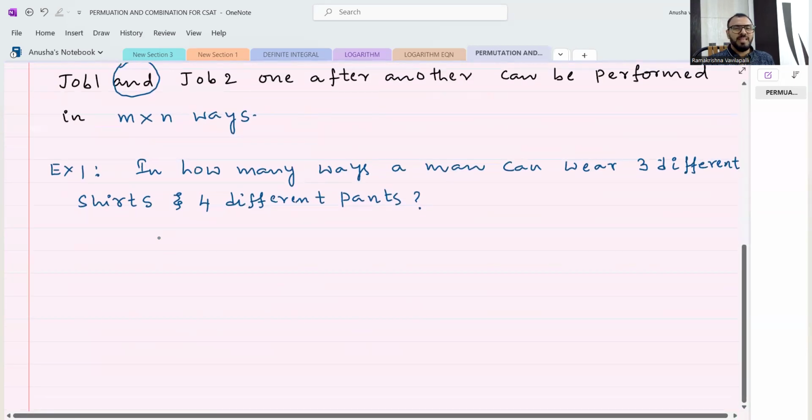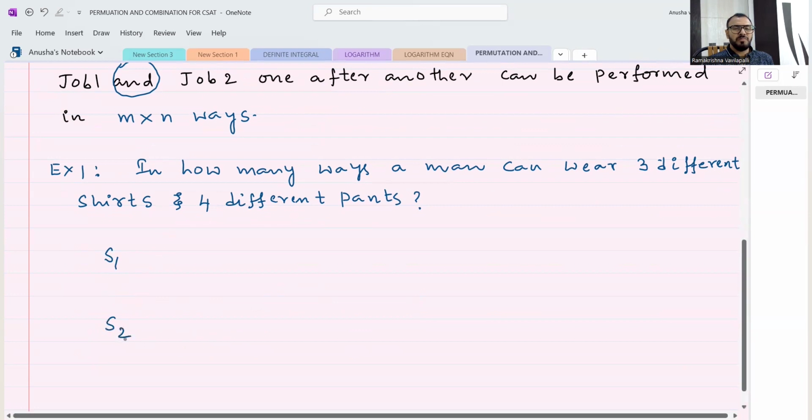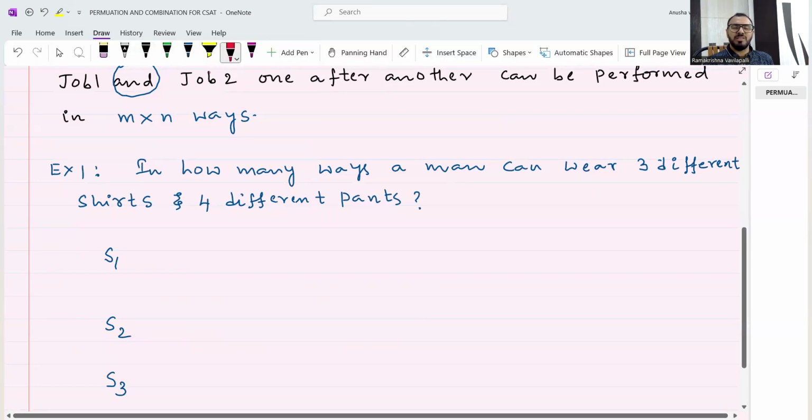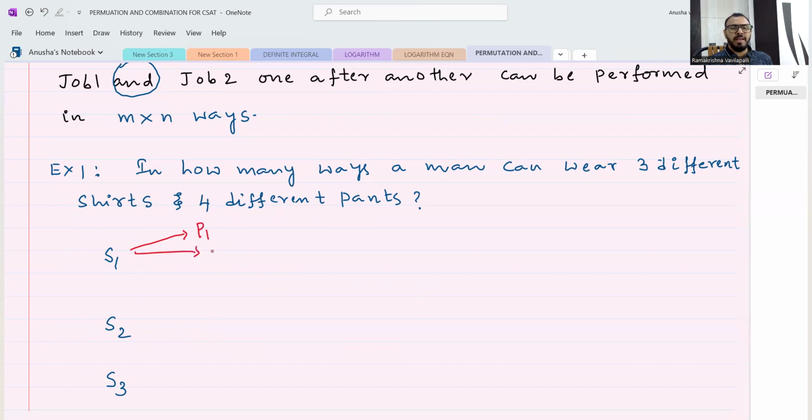Now you see, we have 3 shirts. Let us assume S1, S2, S3. Suppose you wear a shirt, then you can choose pant 1, pant 2, pant 3, and pant 4. There are 4 ways for one shirt.